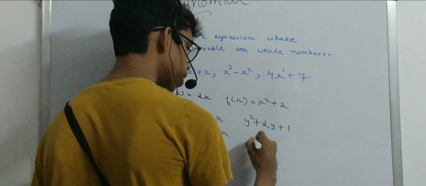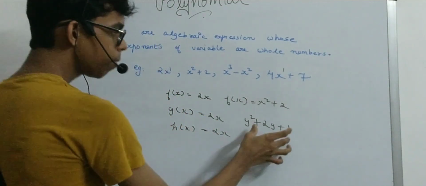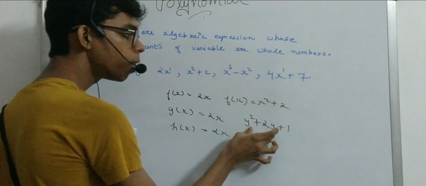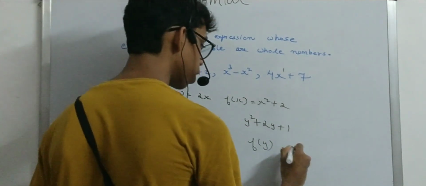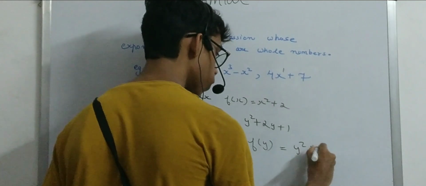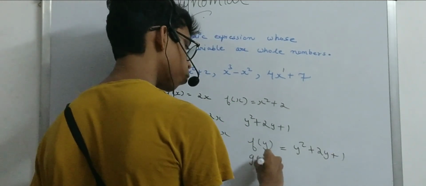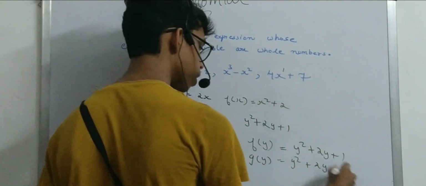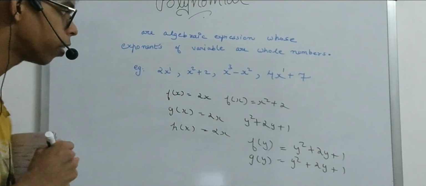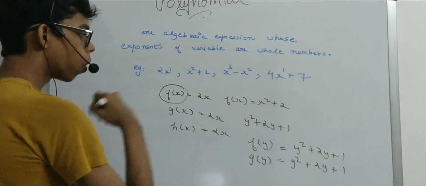We will represent it as f of y, because here the variable given to you is y. So I will write f of y is equal to y square plus 2y plus 1, or g of y is equal to y square plus 2y plus 1. Any way you can use. So this is the way in which we represent a polynomial.